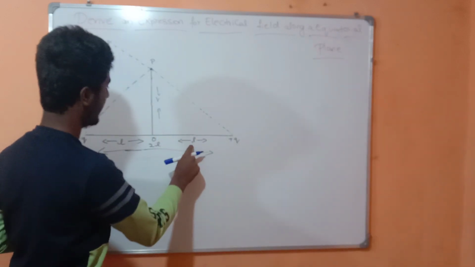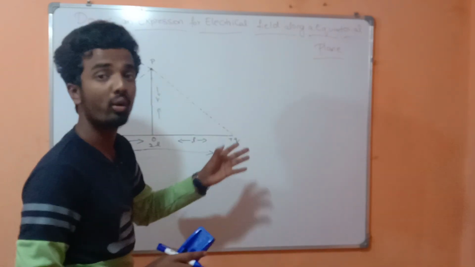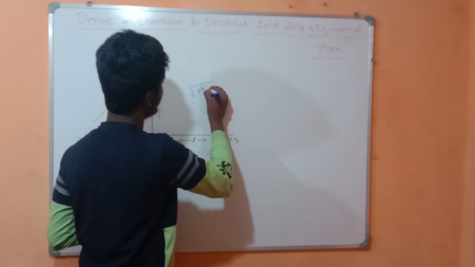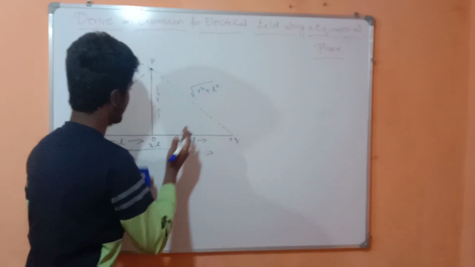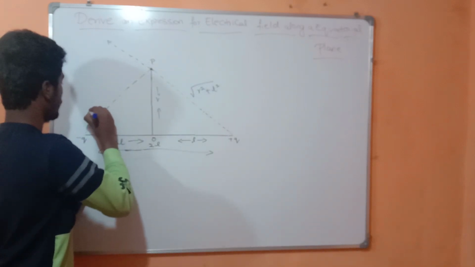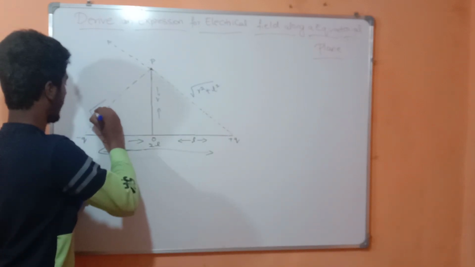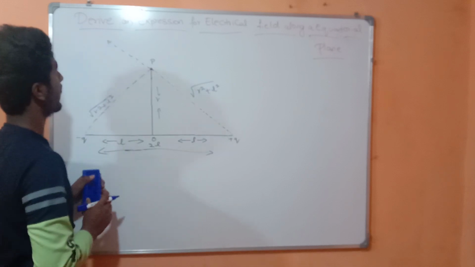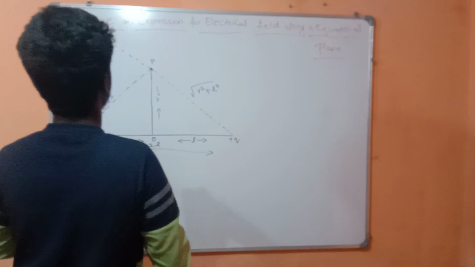We have L and R, so the hypotenuse is root R square plus L square. Absolutely, the opposite one will also be root R square plus L square, children.